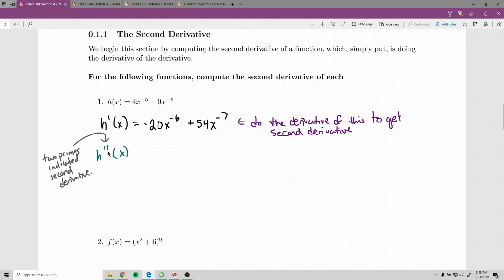Now, if you continue this pattern, you do the third and fourth and fifth and sixth derivative, eventually there's too many primes. If you want to do more, you don't have to in this section and definitely in this problem. But if you wanted to do 10 derivatives, you wouldn't want to write 10 primes. The notation we use is h, and then we put parentheses with the number inside.